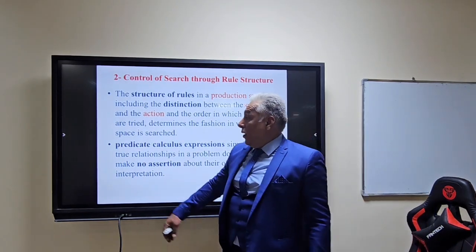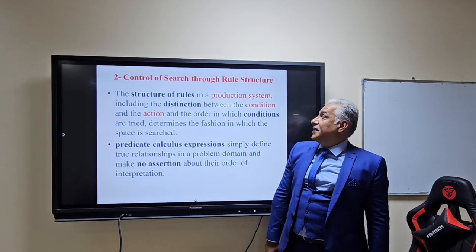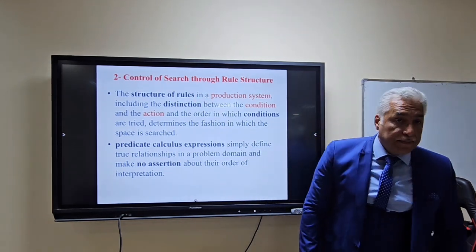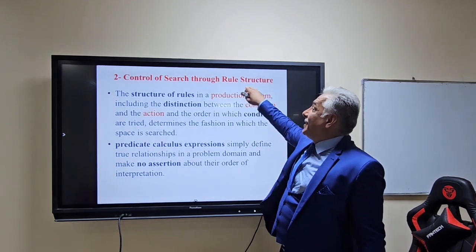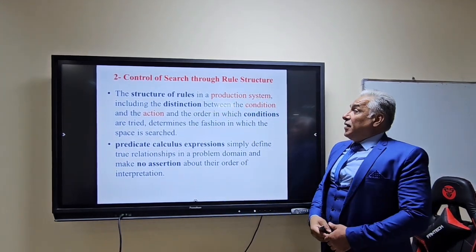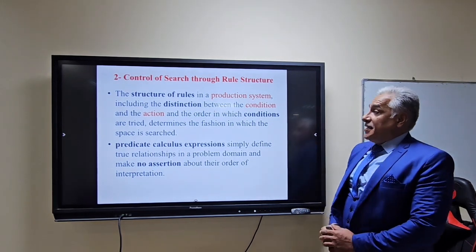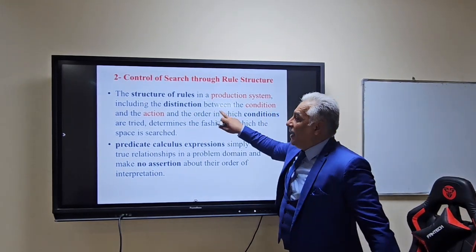Now, the other topic is control of search through rule structure. Now we focus on rule structures: the structure of a rule in production systems, including the distinction between the conditions and the action.